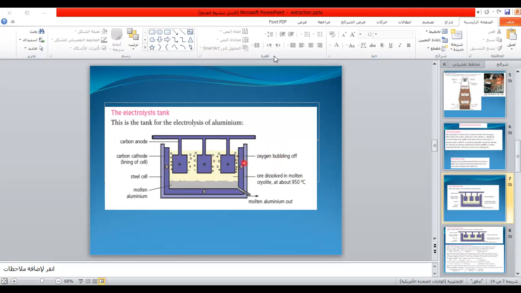As you see, this is positive. So I have here the cathode, and here I have the anode. The ore of aluminium is bauxite.